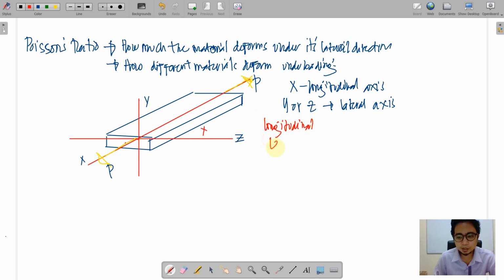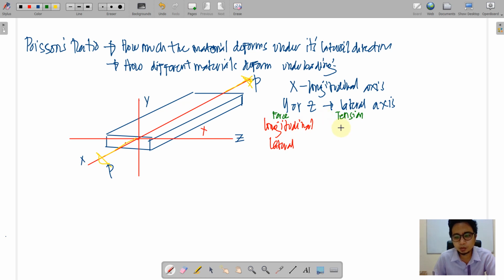So as a behavior, if we need to put that in matrix, we have here longitudinal and the lateral direction. Okay. So if your force is in tension along the longitudinal axis, what will be the effect on the longitudinal axis?